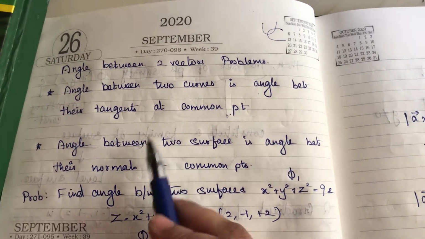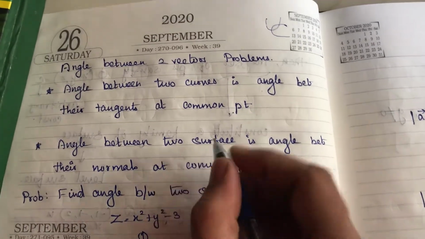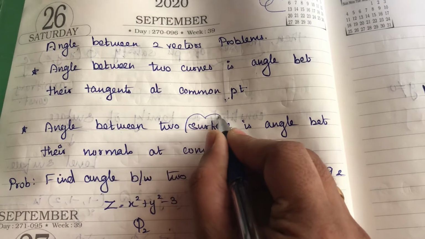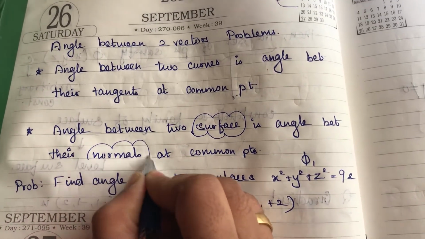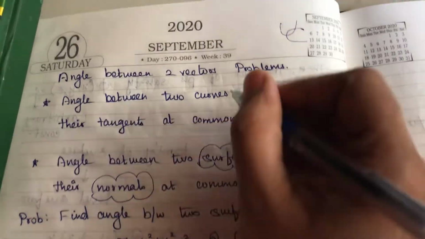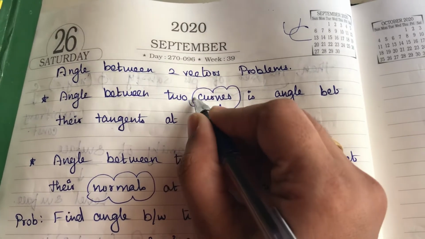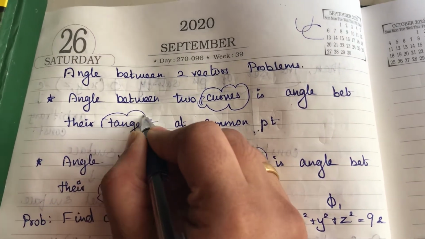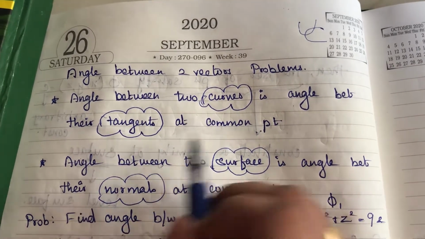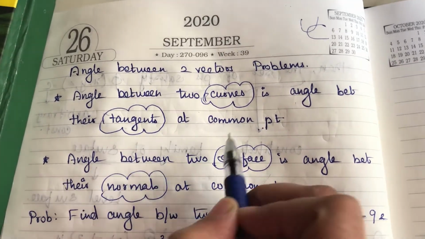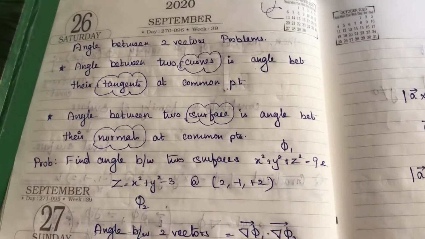If it is two surfaces, the angle between two surfaces is the angle between their normals. Surface means normal. If it is a curve, there will be one tangent. So the angle between two curves can be found by taking the angle between the tangents at any common point. The same applies here.